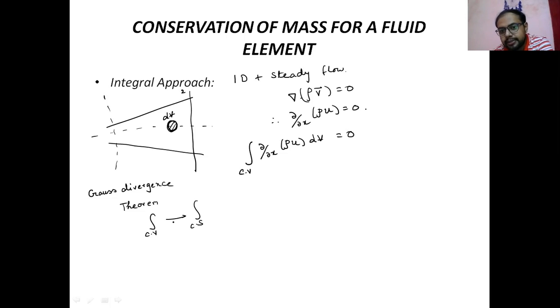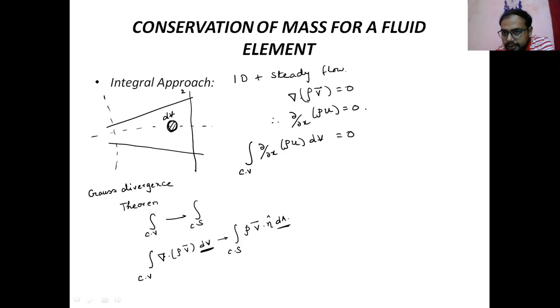If any vector quantity is in the form of a divergence, and you change it to the control surface, you have to choose one surface. From the volume integral to the area integral, the equation will come in this manner.